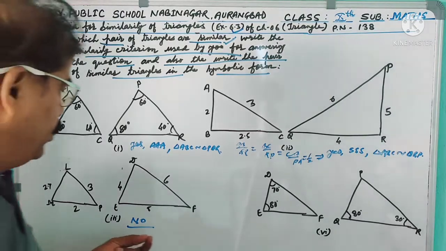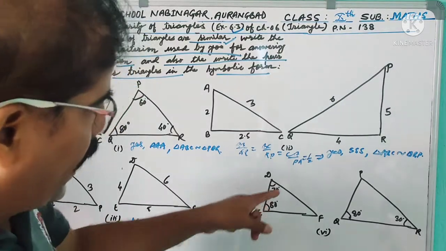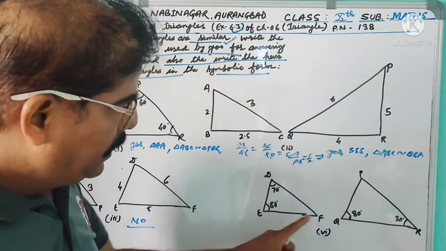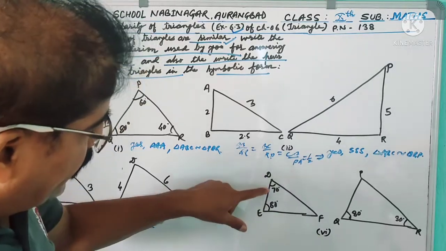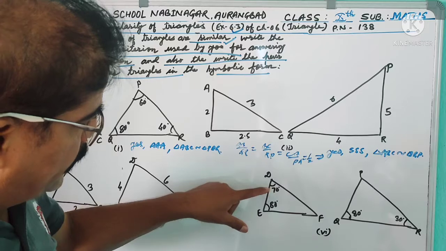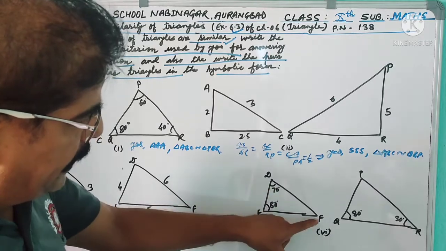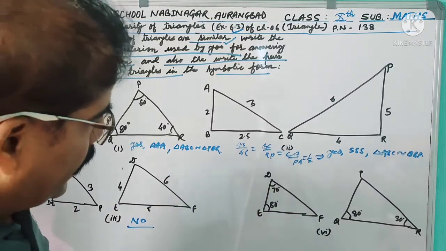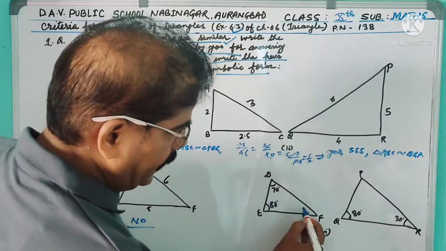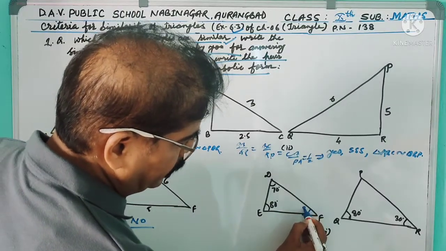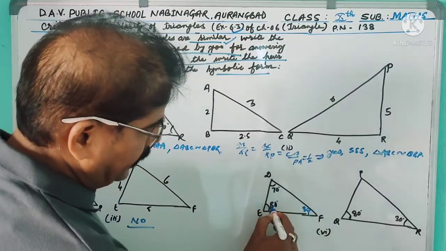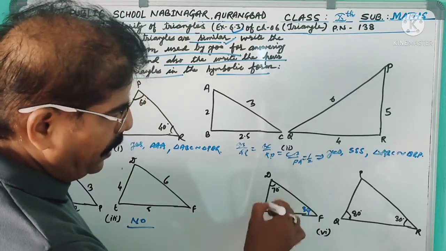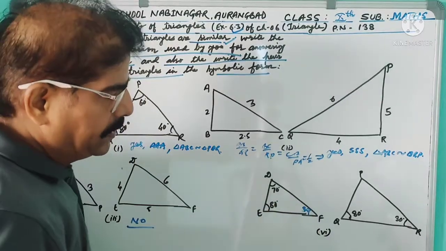And in the same way you solve questions number 4 and 5 and also see question number 6. Here D equal to 70 degrees, E equal to 80 degrees. So in triangle DEF, F equal to 30 degrees: 70 plus 80 is 150, 180 minus 150 you get 30 degrees.